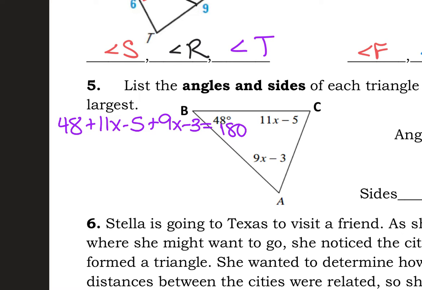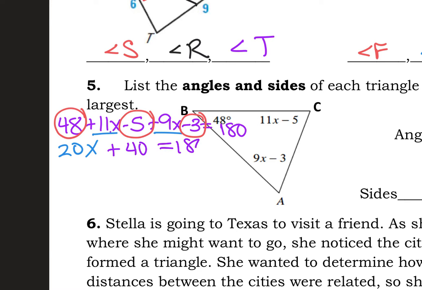Combining like terms, what can I combine? The 11x and the 9x. 11x and 9x give me how many x's? 20x. Let's take the 48, the negative 5, and the negative 3. 48 minus 5 is 43. 43 minus 3 is 40. Should give us 40.